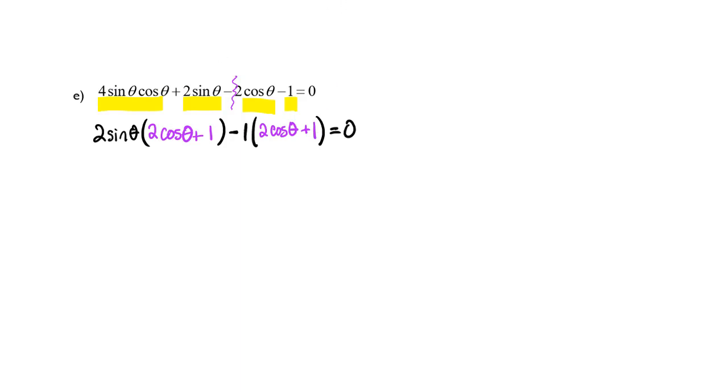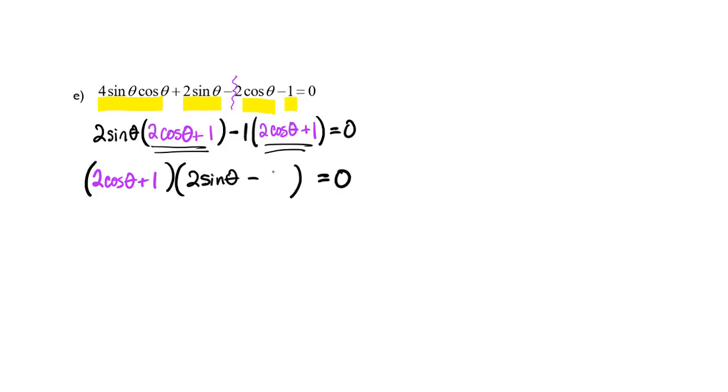And I'm going to now factor those 2 common binomials out front and leave the remaining stuff there, 2 sine theta minus 1. So my 2 binomials that I now have using factoring by grouping is 2 cosine theta plus 1 times 2 sine theta minus 1 equals 0.